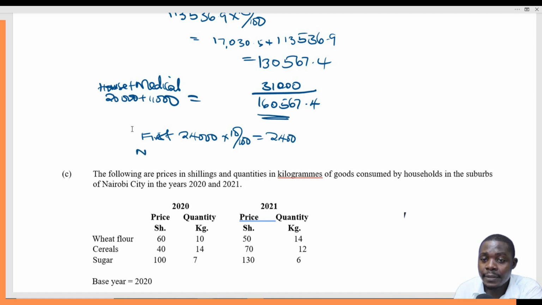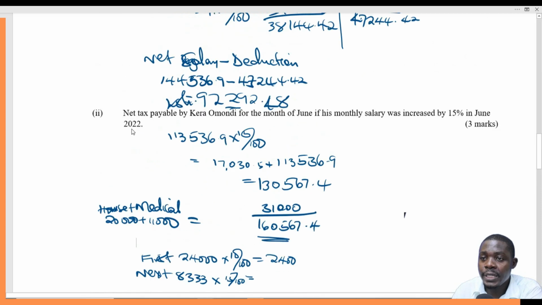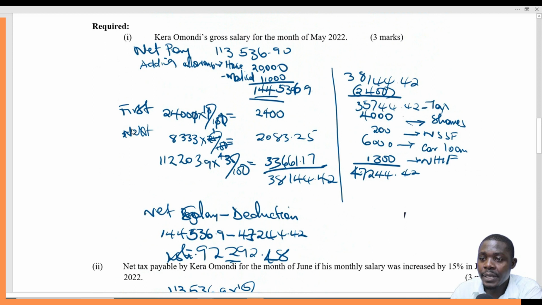The next 8,333 we are paying 15/100. This one comes to 2083.